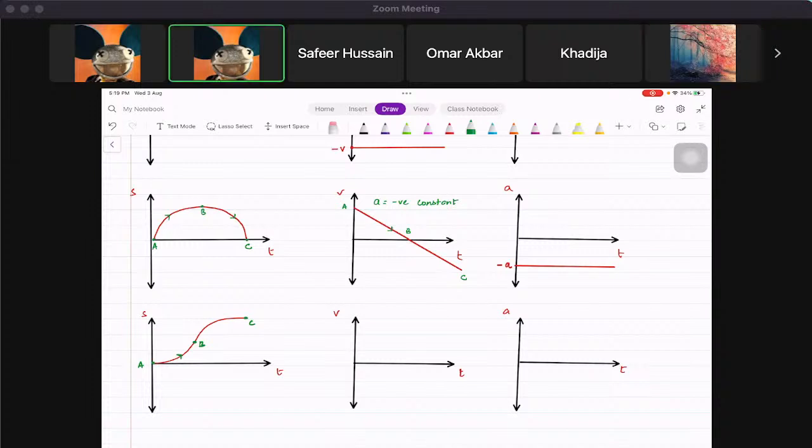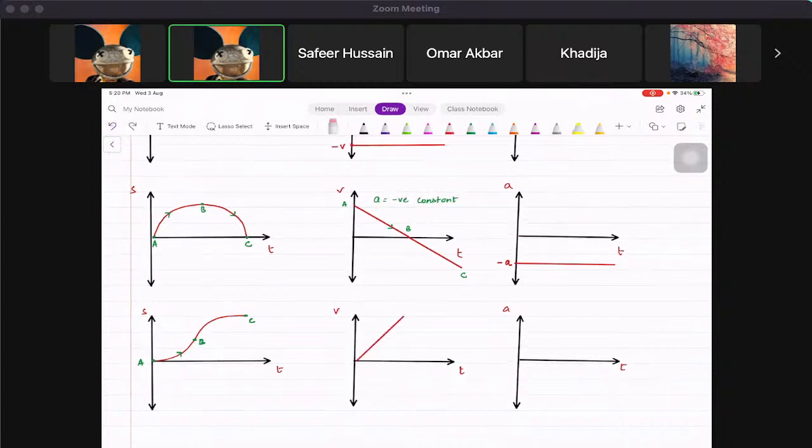So the line would be increasing and it is positive, like that. Now you can see the velocity is increasing, the line is going up. So this would be A and this is gonna be B. From B to C, the velocity is positive, but it is decreasing. So you're gonna stay in the same quadrant, but it is now going to decrease like this. Is it clear, everybody?